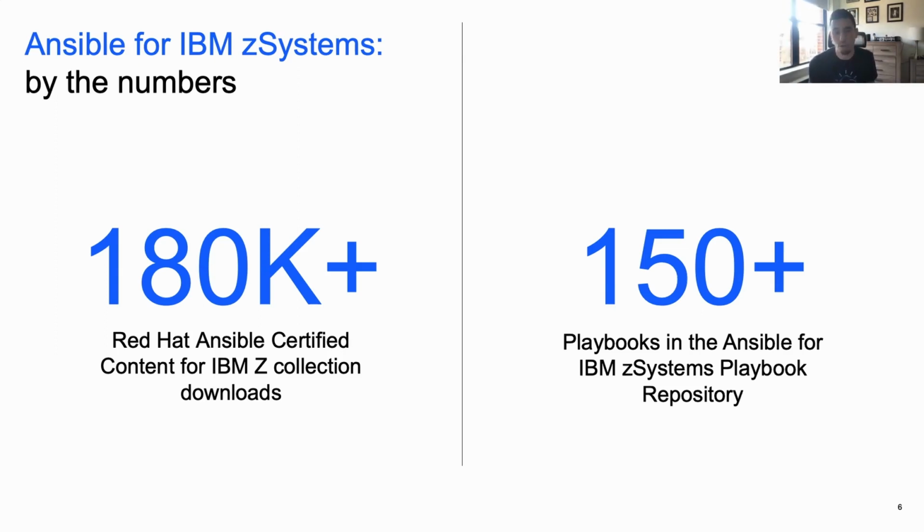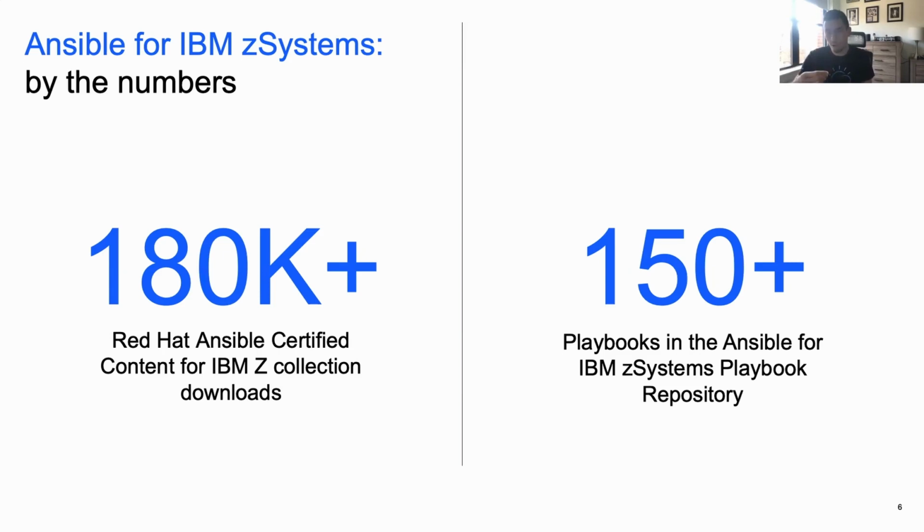So we now host over 150 playbooks in a GitHub repository spanning multiple use cases that grow way beyond just the 6 collections that I just showed, showcasing how you can use the community API module, or how you can do security related automation with the ZOS core collection TSO command module to hit ACF2, Top Secret or RACF, right? So a lot of great things happening in the playbook repository, and this is open source. I'm going to say this again when I call this out later, but this is open source.